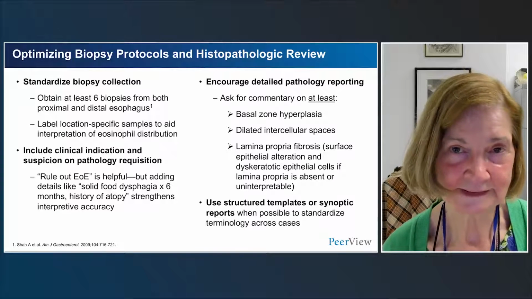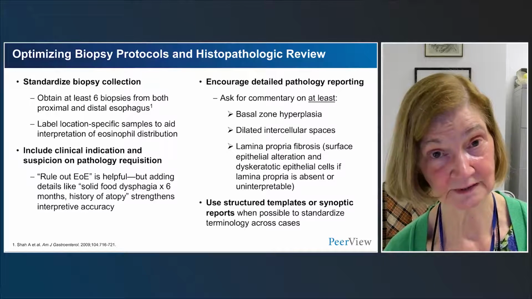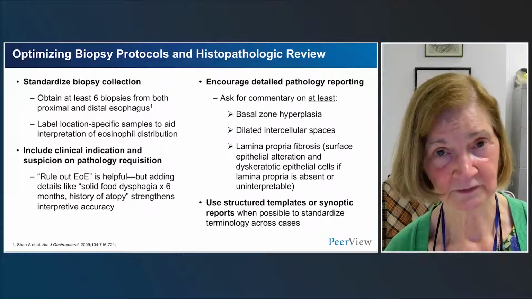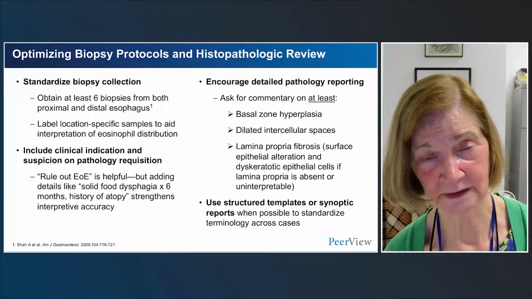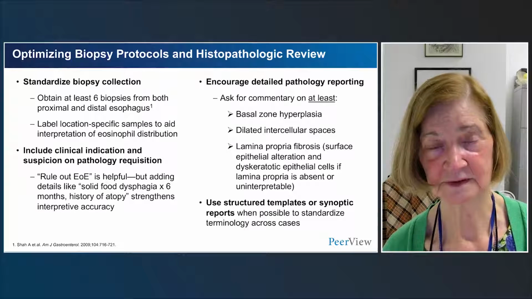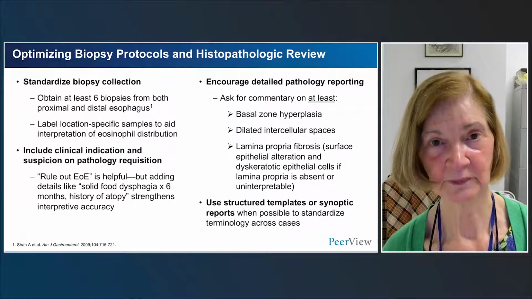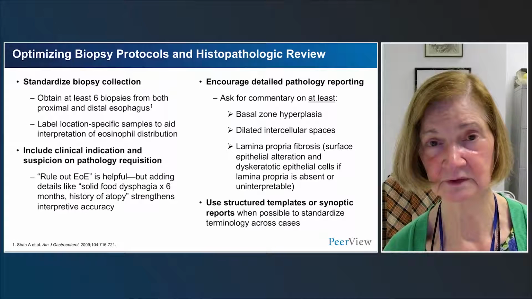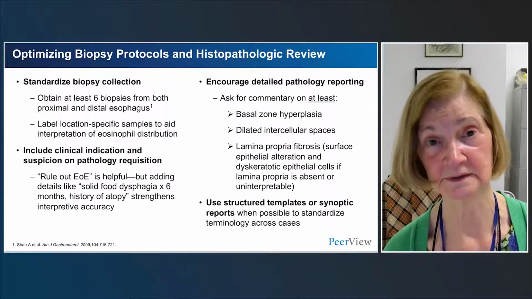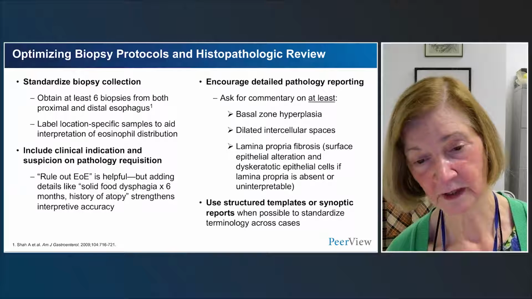But having more details like solid food dysphagia for 6 months and especially history of atopy really strengthens the pathology report, because the pathologist is more likely to be assertive about the possibility that this patient does not yet have a diagnosis of eosinophilic esophagitis, but that it must be strongly considered in the differential diagnosis for this patient. So, detailed pathology reporting.